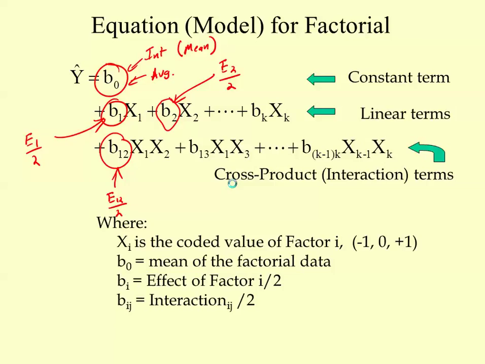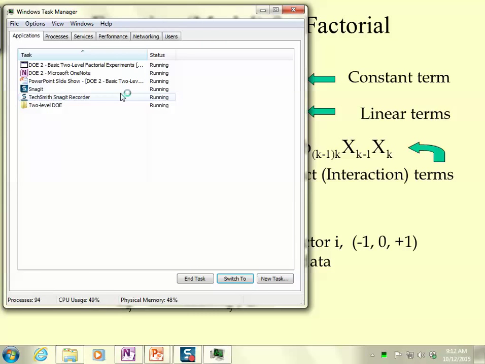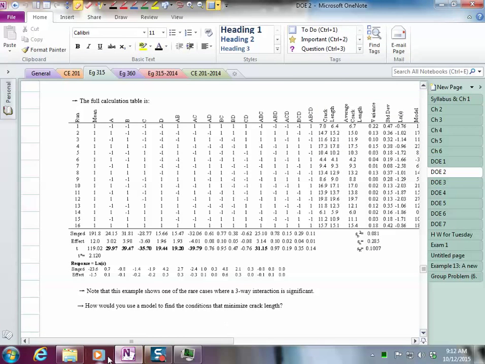And every term in there corresponds to some effect we calculate, and we get the effect over 2, or 1/2 the effect for each of those terms. So let me kill this. This is not going well. Okay. So we'll go back here.